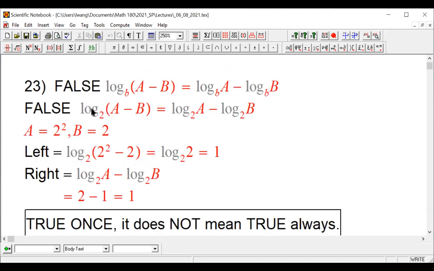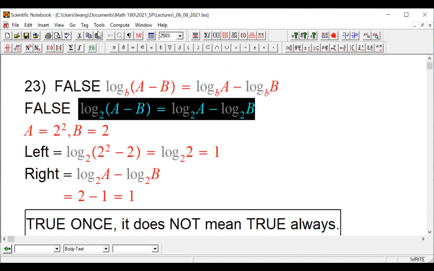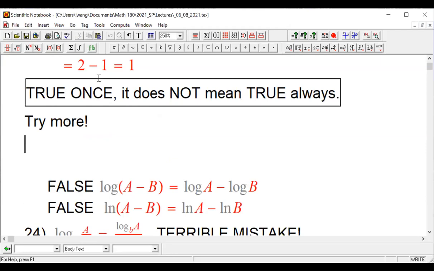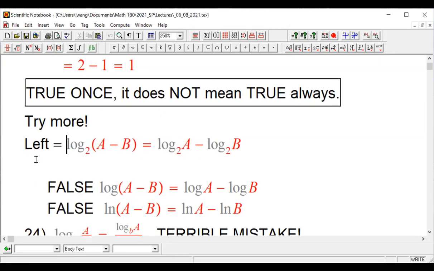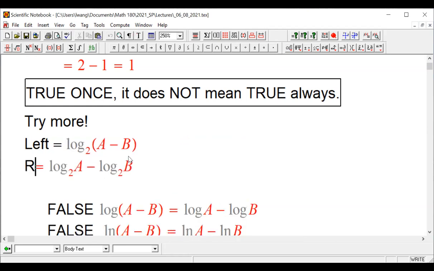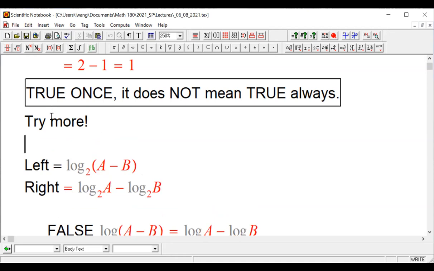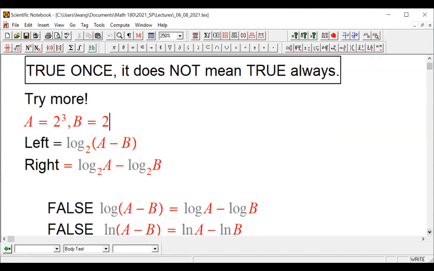Okay, so we have our left and right set out. This is left and that is right. So we keep looking. How about I choose A equals 2 to the power 3, and B equals 2. We just try it.